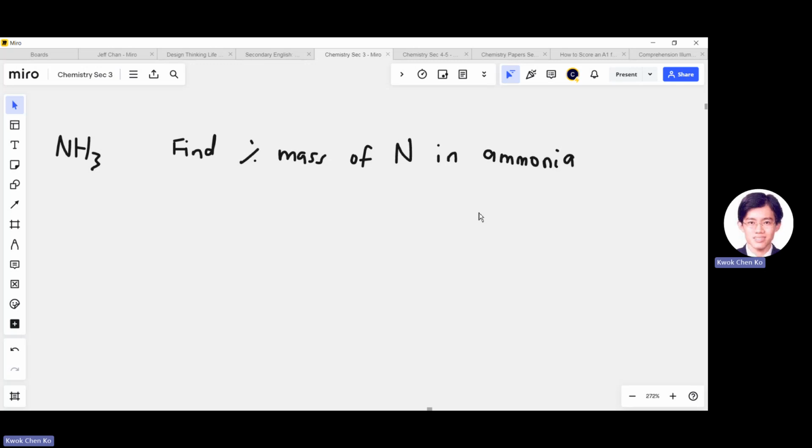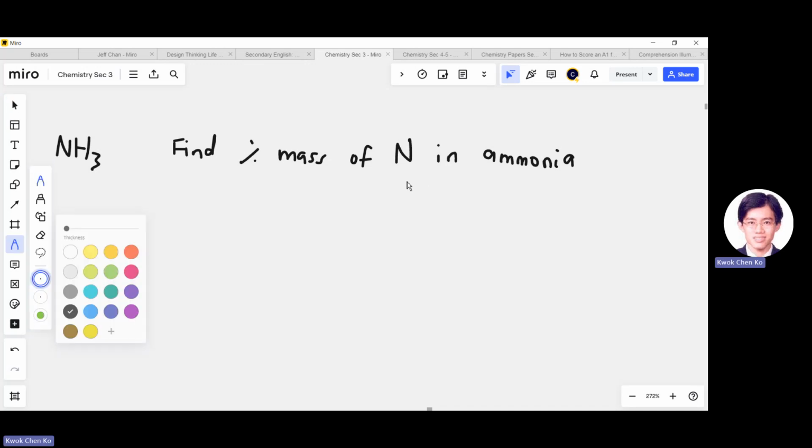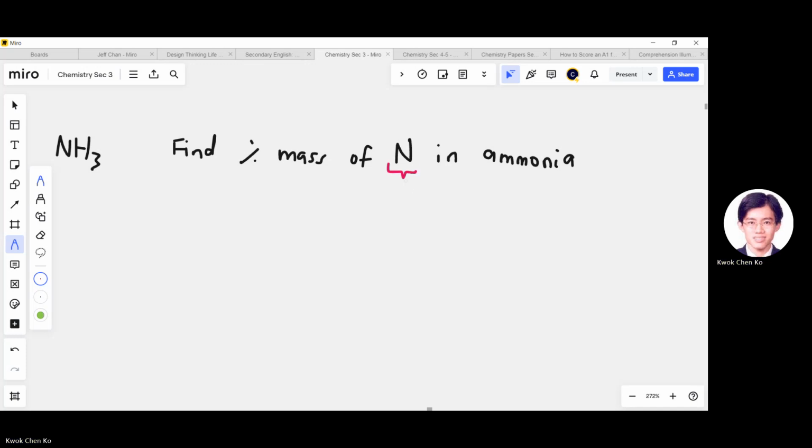Okay, good, Dylan. What's the answer? Now, guys, what it is asking is this. First thing, find out what's the AR, atomic mass of nitrogen.